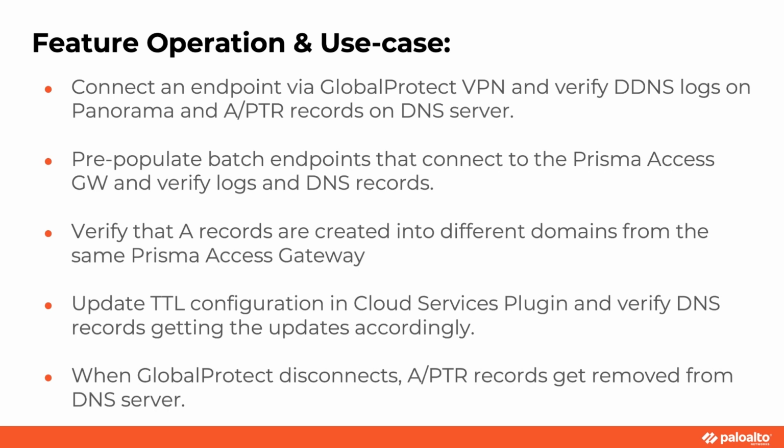Third, we will verify A records will be created in different domains from the same Prisma Access gateway. Fourth, we will fine-tune the TTL configuration and verify the DNS records also get updated accordingly.